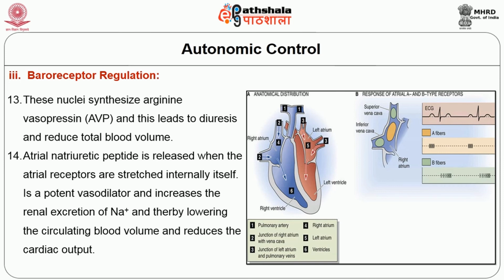It is a potent vasodilator and increases the renal excretion of sodium, thereby lowering the circulating blood volume and reduces the cardiac output. So, in the diagram you will see the presence of the A receptors and B receptors in the superior vena cava, inferior vena cava and right atrium and other chambers of the heart also.